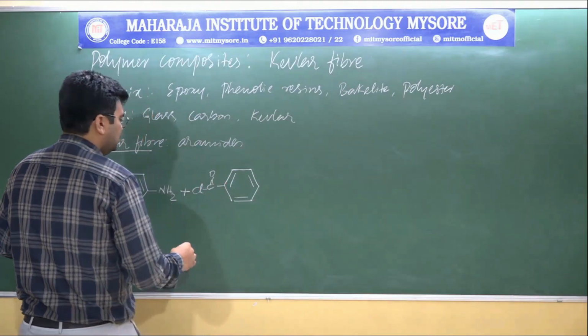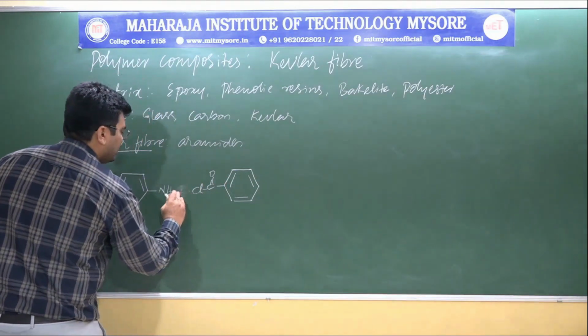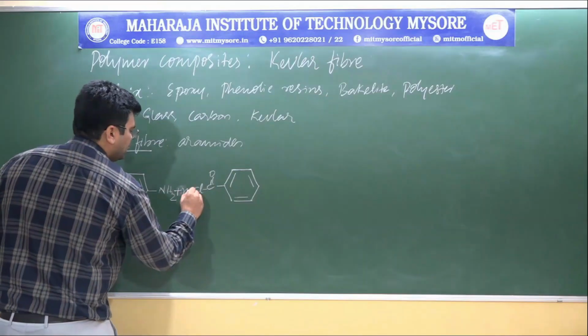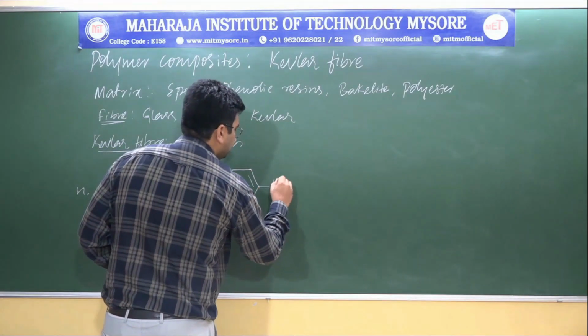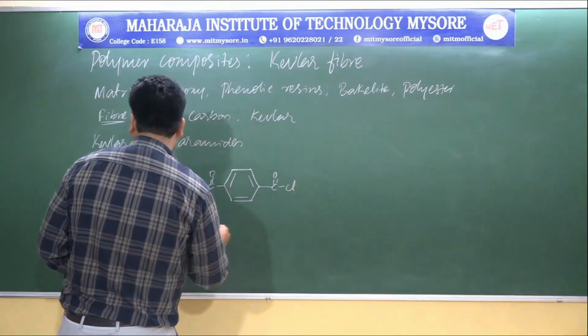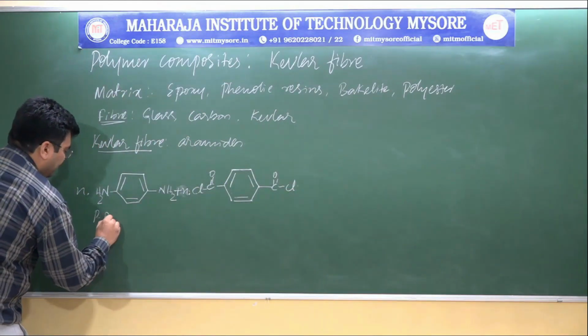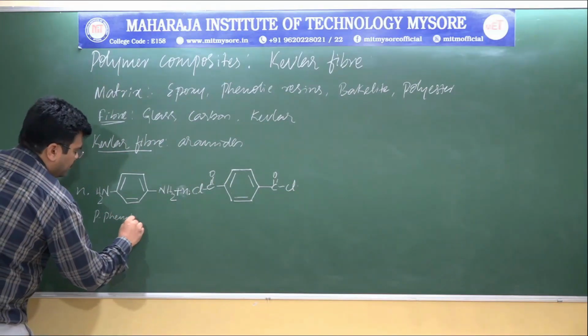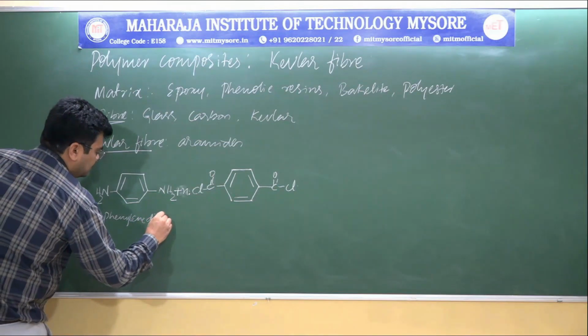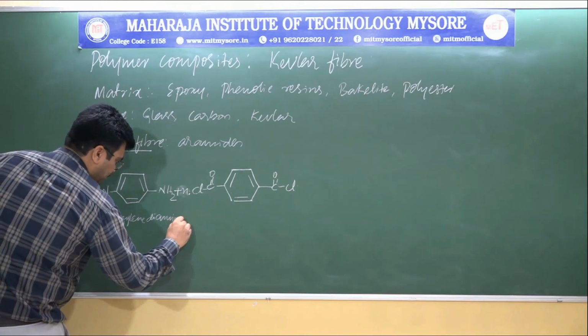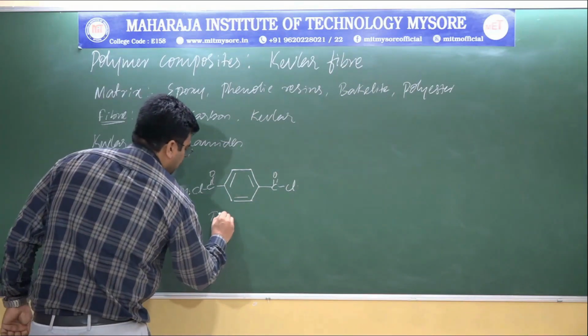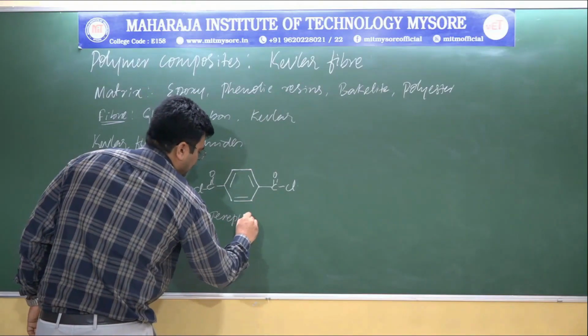We need to take n times, and similarly C double bond O, Cl. So this is paraphenylene diamine, and this is terephthalonyl chloride.